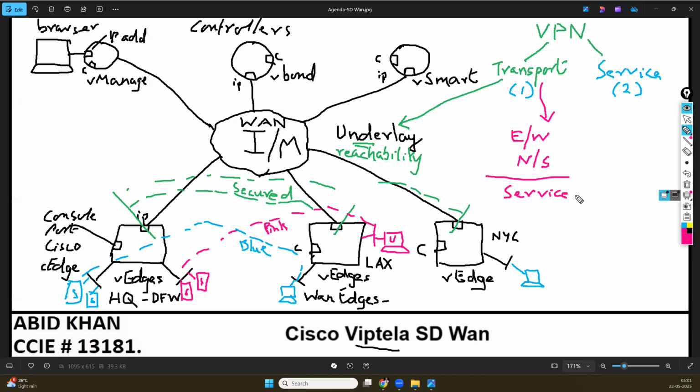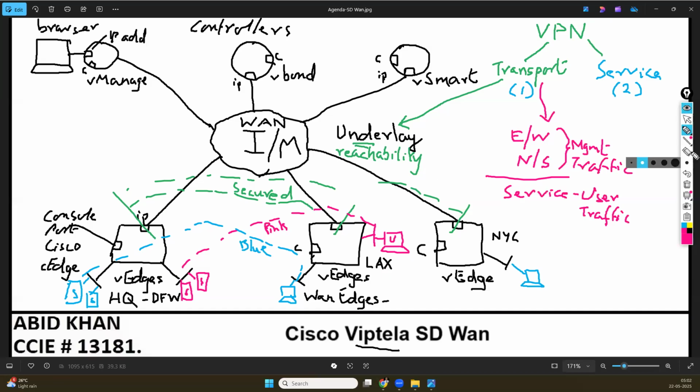We want a dedicated WAN service for service VPN, and for management. Ultimately, I'll simply call east-west and north-south management traffic altogether. I want to keep this traffic separate. Service means user traffic.